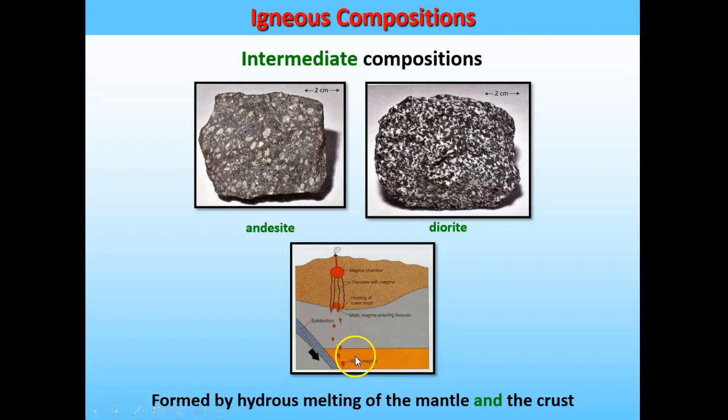That material, we said from before, becomes buoyant because it's liquid and it rises. And so this is mafic, this is felsic. I can mix them together and I get something in between. So a lot of subduction zones, we get intermediate composition igneous rocks, right? And that's just because of what's melting there.